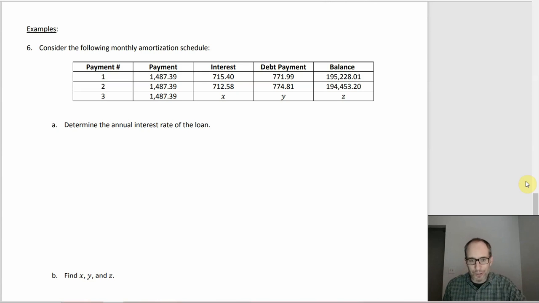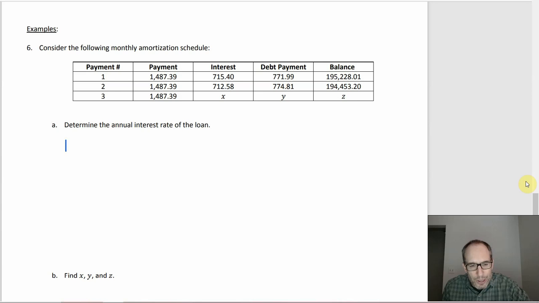All right, so the first thing is we want to figure out the annual interest rate. We can actually get that using the first line because we could figure out the principal, because the balance after the first payment, there's only been one payment. So that would mean that if we took that remaining balance and added that first debt payment, that would have to give us the principal back.